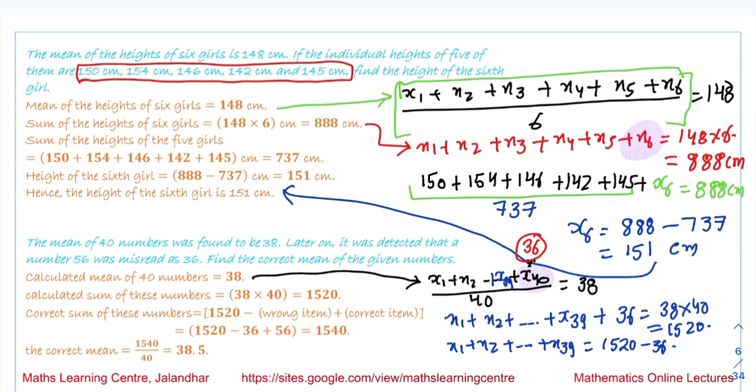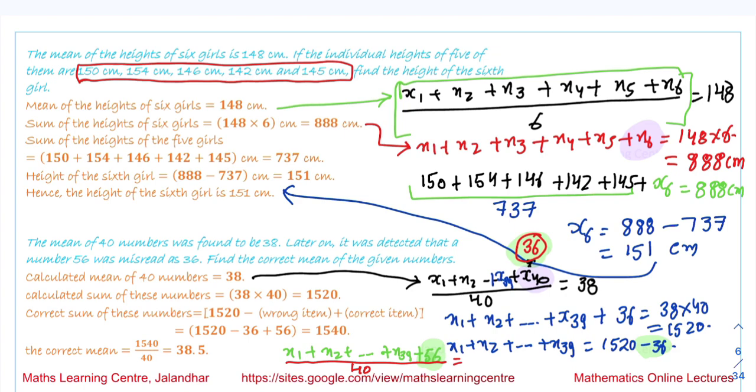Now we have to find the corrected mean. So in place of 36, the next number we have is x1 plus x2 and so on up to x39 plus how much we have to add? It is 56. Earlier we read the number as 36, but the actual number is 56. So we subtracted this 36, now we add this 56, and we divide by 40, since there are 40 numbers.